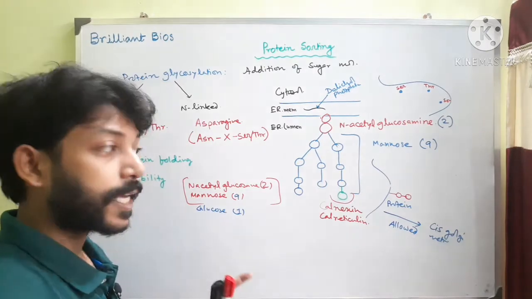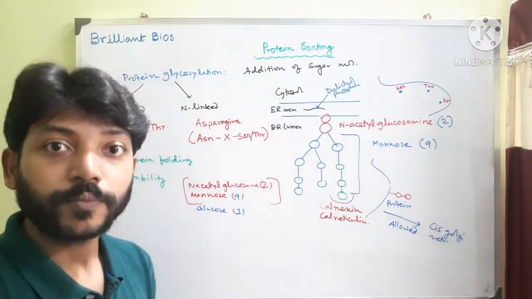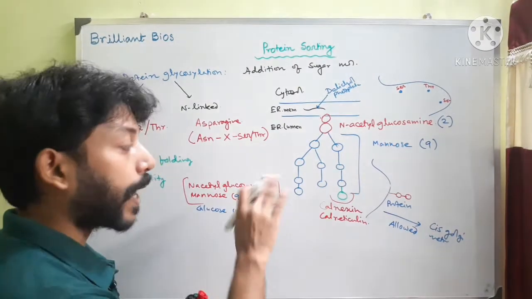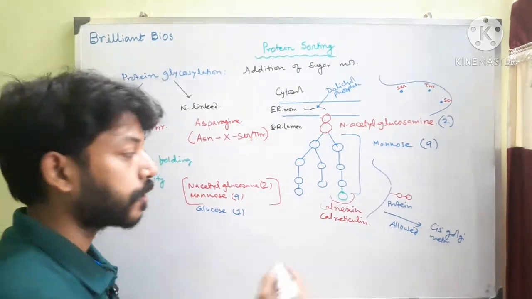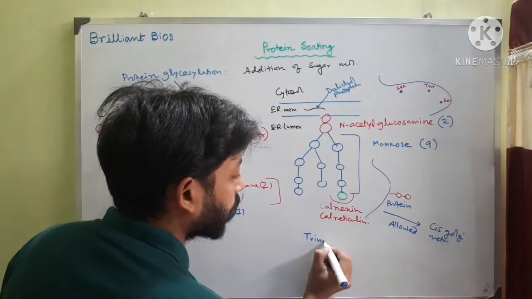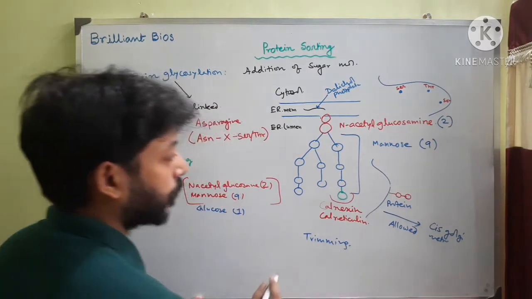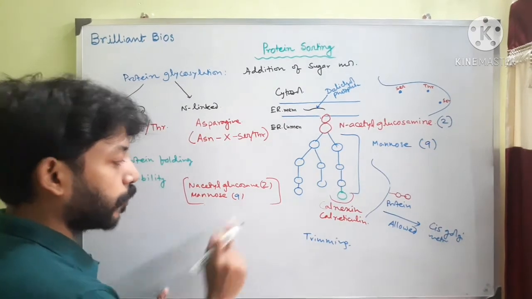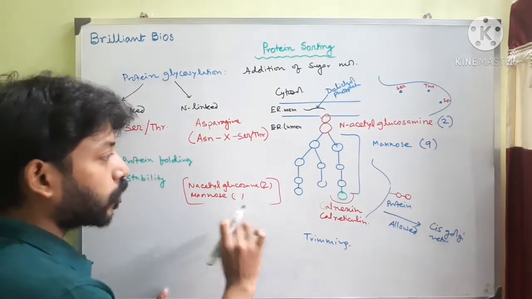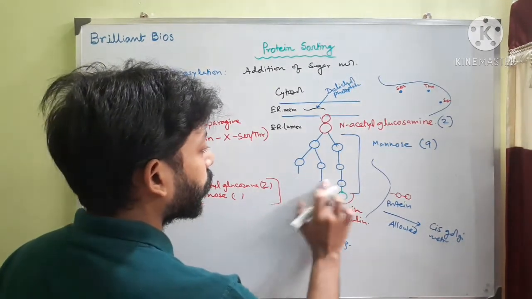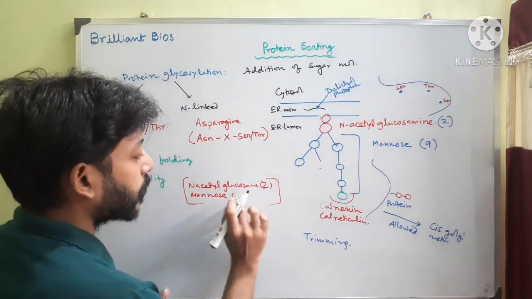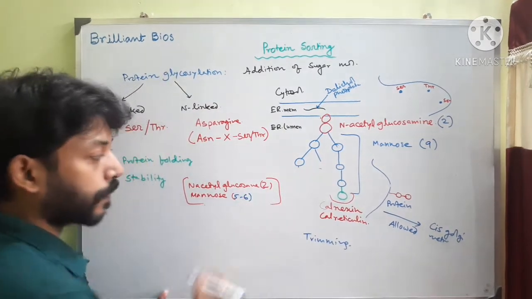Now, if folding does not occur properly, then mannose trimming also occurs. It is called trimming. Mannose trimming occurs, and after that glucose molecules are also removed and the mannose are trimmed, and it becomes only 5 to 6 mannose.